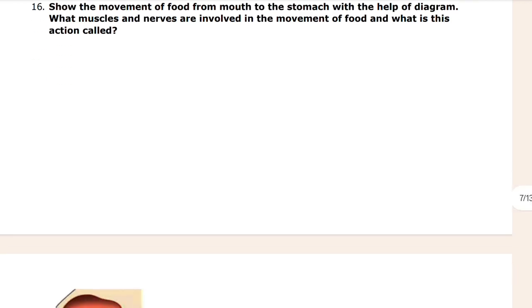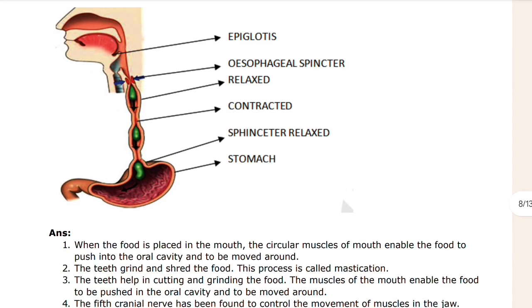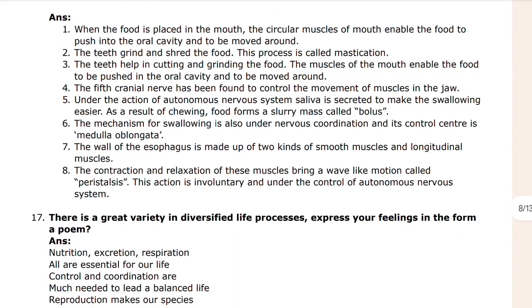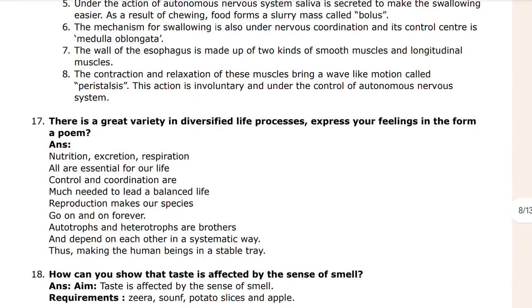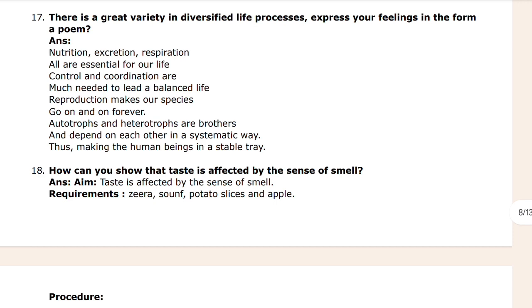So here it is the 16th one, and that is the diagram. Actually, when I'm telling you lots of things, I also get a little pain in my tongue, but it is completed. Then questions 17 to 18.